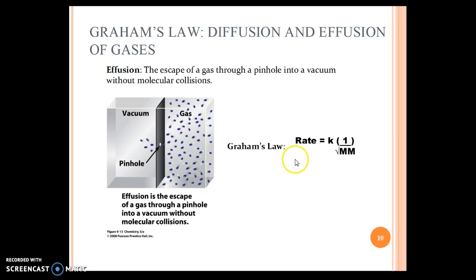Graham's law tells us that the rate is some constant times the inverse of the molar mass. That fits into what we now know also about the kinetic energies being proportional to the square of the velocities.